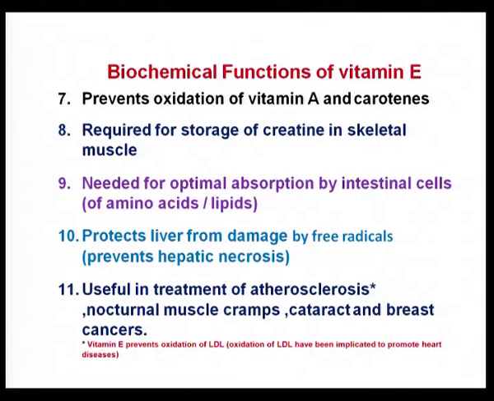One more important area we need to consider is nocturnal muscle cramps connected with musculature. There is one more point you need to consider, the cataract, and I would say other tumors concerned with that.